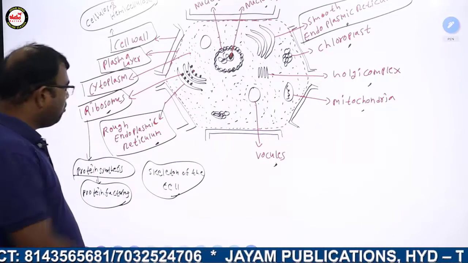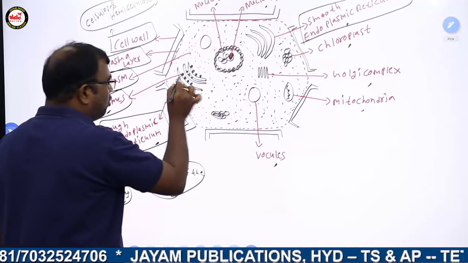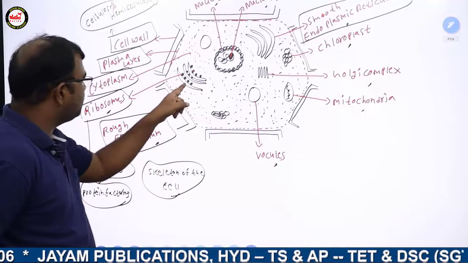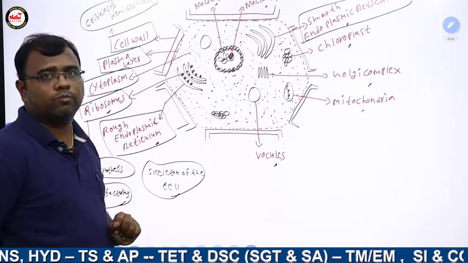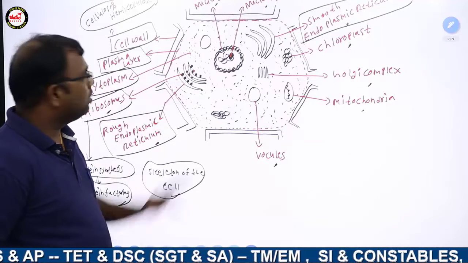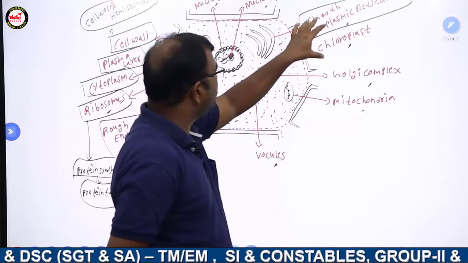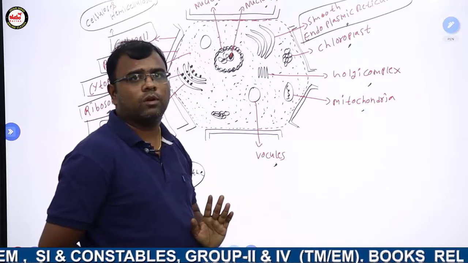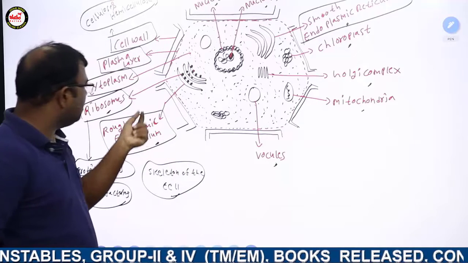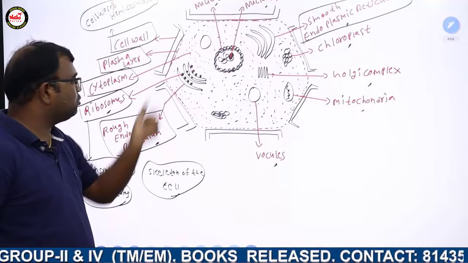The rough endoplasmic reticulum is attached to the ribosomes. Look at this picture. The smooth endoplasmic reticulum does not attach to the ribosomes.